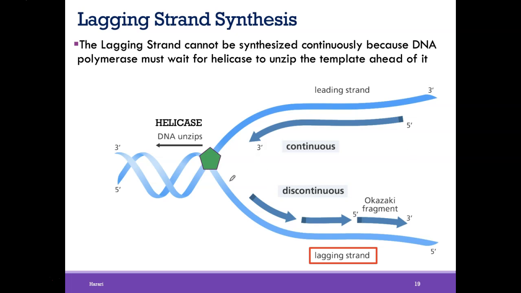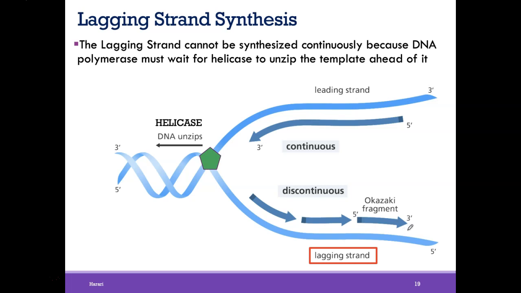The lagging strand, this strand over here, cannot be synthesized continuously because DNA polymerase must wait for the helicase to unzip the template ahead of it. This is a very visual process. It might not make sense right away, so let's try to break it down. We know DNA polymerase could not start here and just make DNA 5' to 3', right?